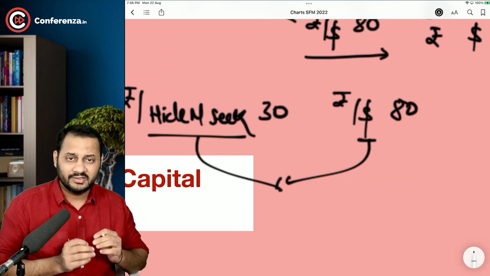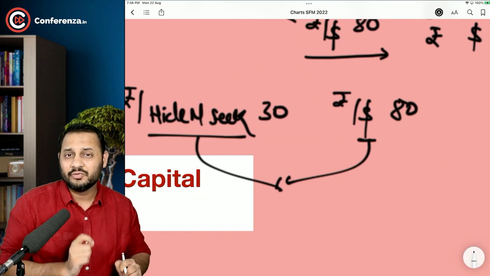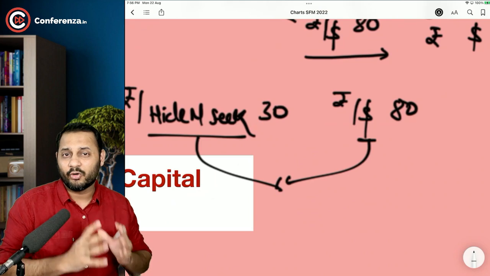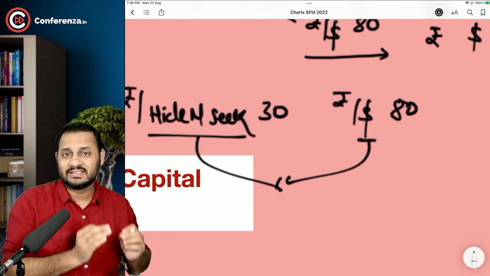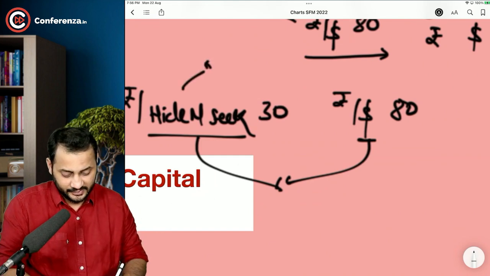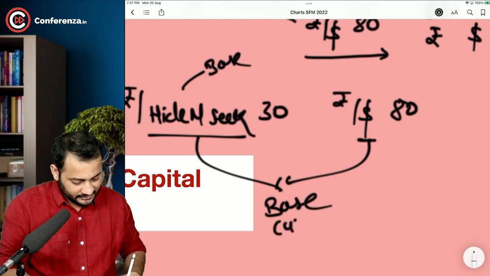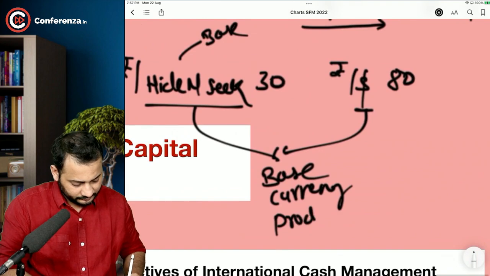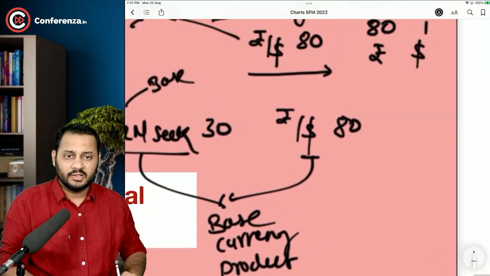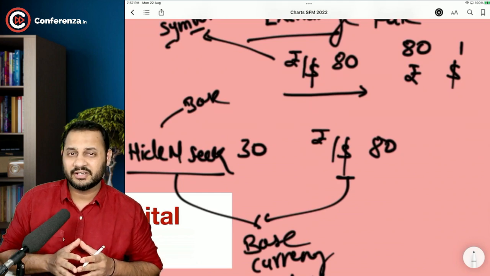If you want to make the calculations and forex easy, the very first thing you need to be clear about is what the product in the quotation is, or what the base currency in the quotation is. This is the base, called the base currency. This is also called the product. This is one way of presenting the quotation, but it is not as per the international standards.